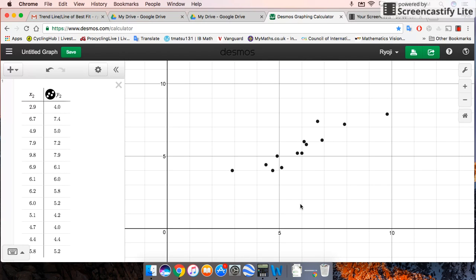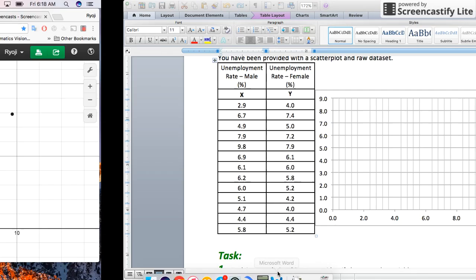Okay, so just by looking at this graph, since all of our values are increasing as we go from left to right, I'd say that this is a positive relationship. Since they aren't very clustered, some of them are, but there's a couple that are spread out, I would say that this is a moderately strong relationship.